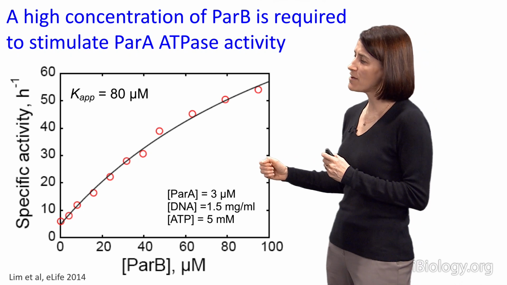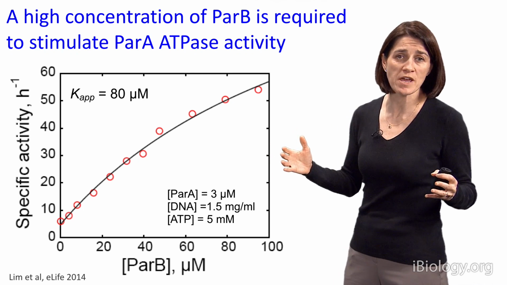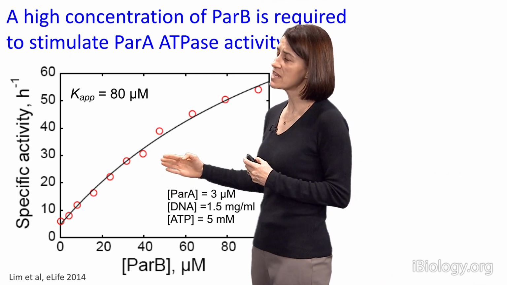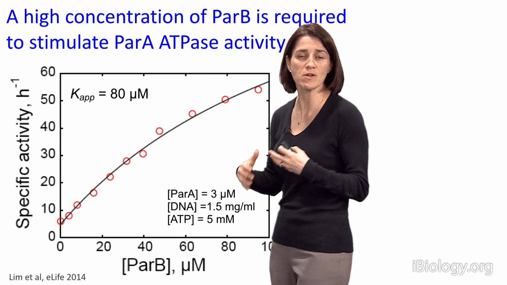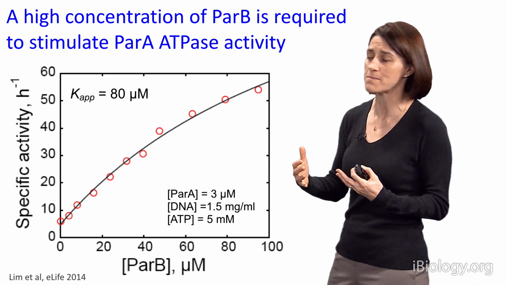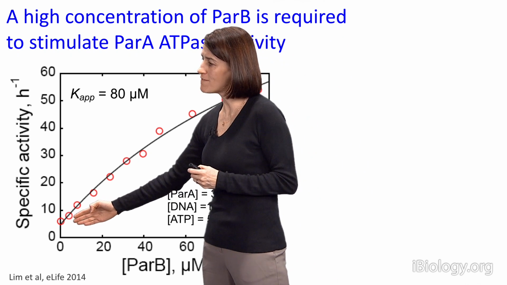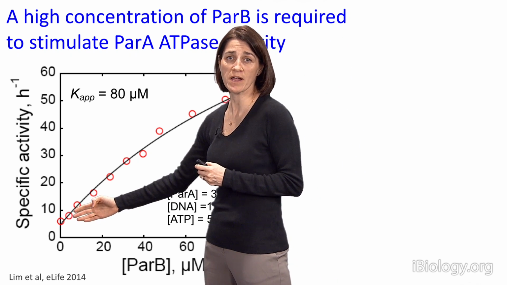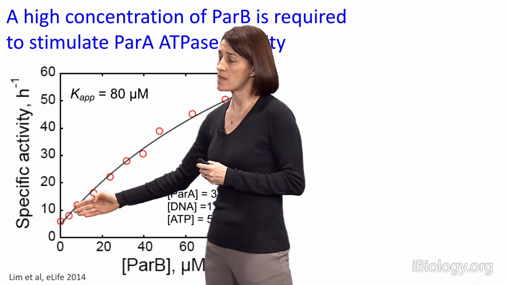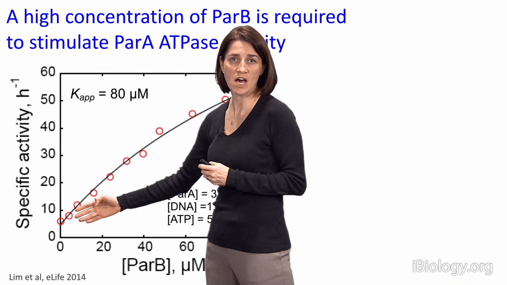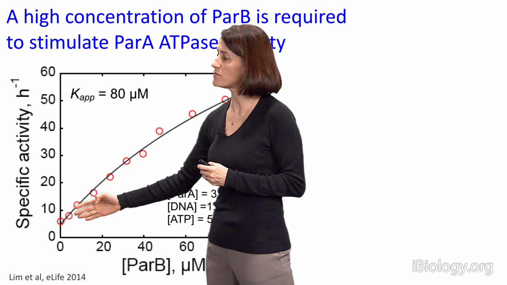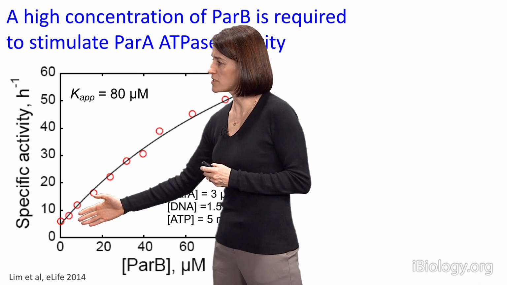If you have no ParB at all, then what we're looking at is the ATPase activity, the turnover of ATP, ATP hydrolysis. Without ParB, you have very little ParA ATPase activity. You do have a little bit, but it's not relevant.